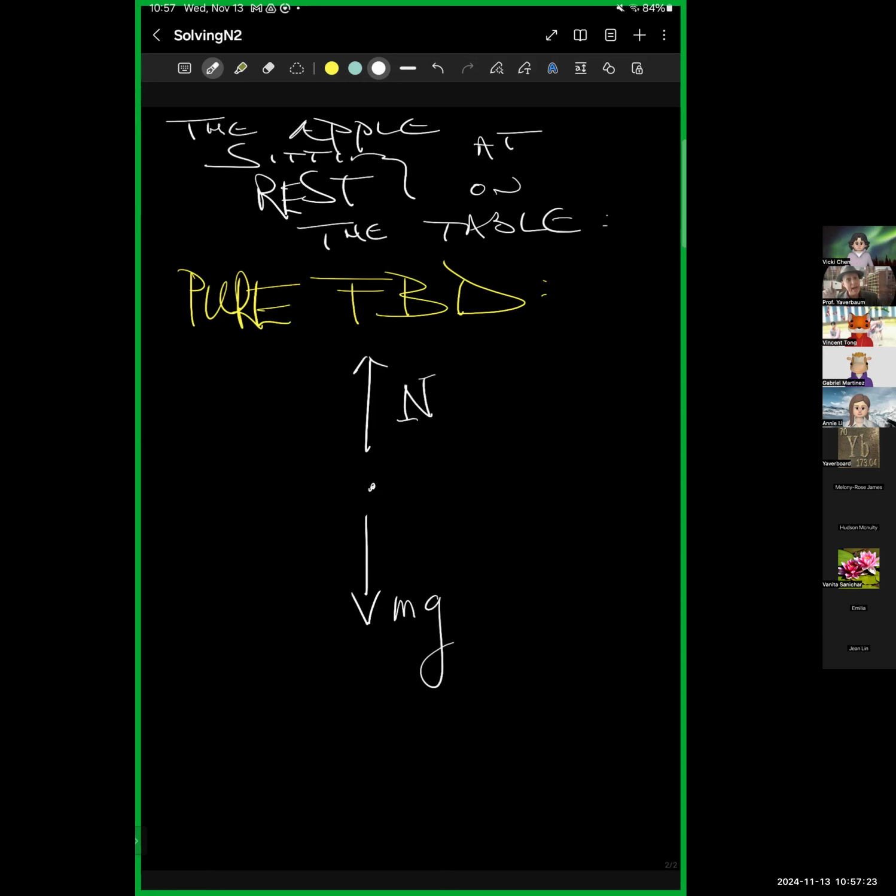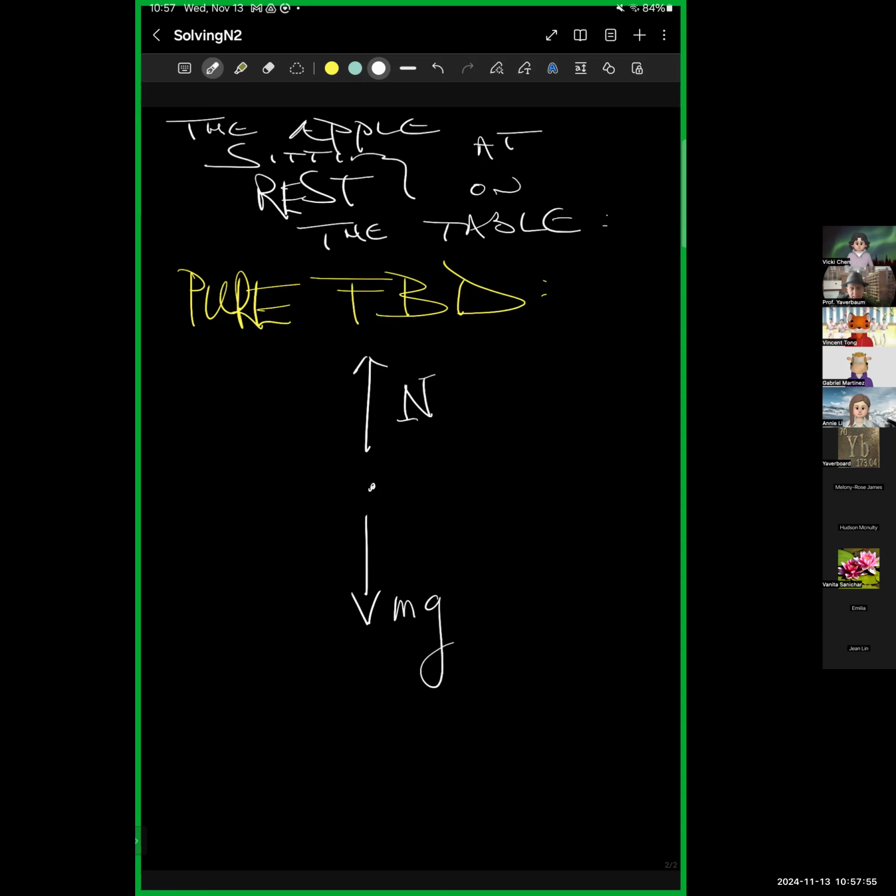M is mass measured in kilograms. g is acceleration that would occur during free fall, measured in meters per second squared. And kilograms times meters per second squared gives you a force measured in newtons, which is the force of gravity.